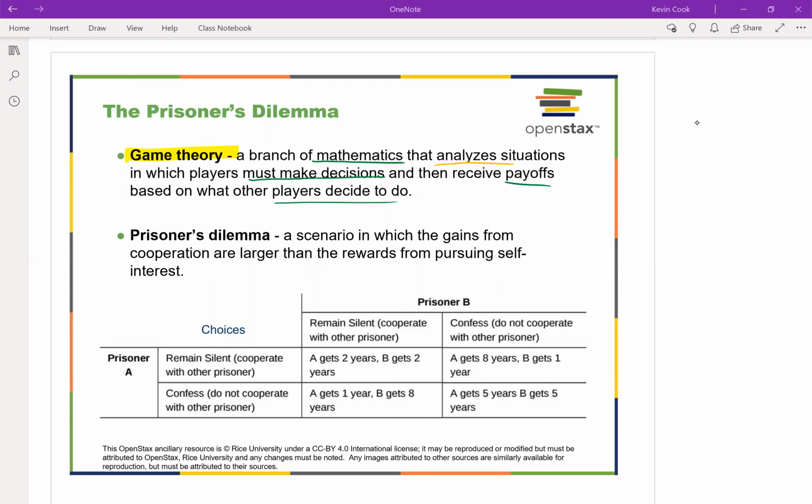So we ended last time introducing game theory. And again, the basic idea is that we have to make decisions about what to do, and we're analyzing decisions that depend on what the other player does. If we think about something like rock, paper, scissors, which we will analyze, if I knew what you were going to do, my decision is different depending on what you're going to do.